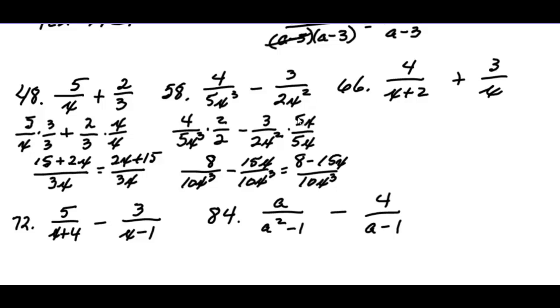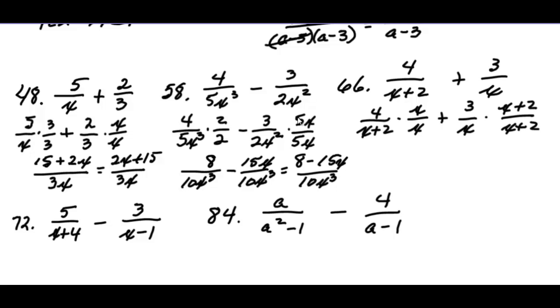With number 66, our common denominator is going to be x plus 2 times the x. So what we need to do here is take that first term, 4 over x plus 2, times x over x. And in the second term, we need to take 3 over x and multiply that by x plus 2 over x plus 2.